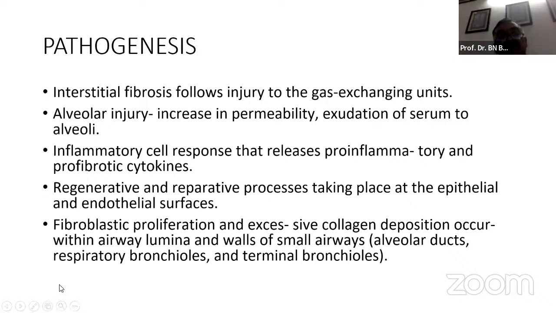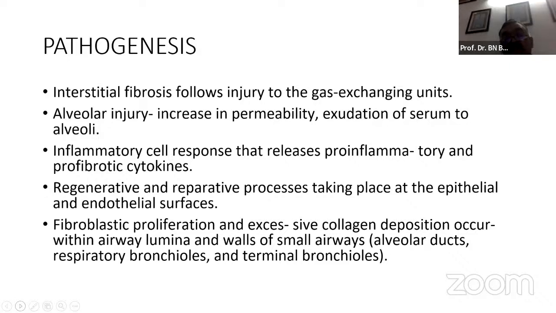And whenever there's inflammation, there is also a repair process which takes place simultaneously. So there's a regeneration reparative process at the epithelial and the endothelial surface, that is on the alveolar surface and also inside the capillaries. And when there is a regeneration reparative process, there is fibroblastic proliferation and excessive collagen deposition, which occurs in the interstitium, within the airway lumen and walls of the small airways.